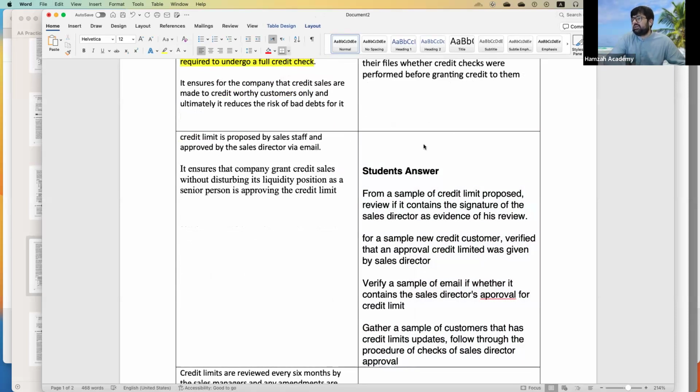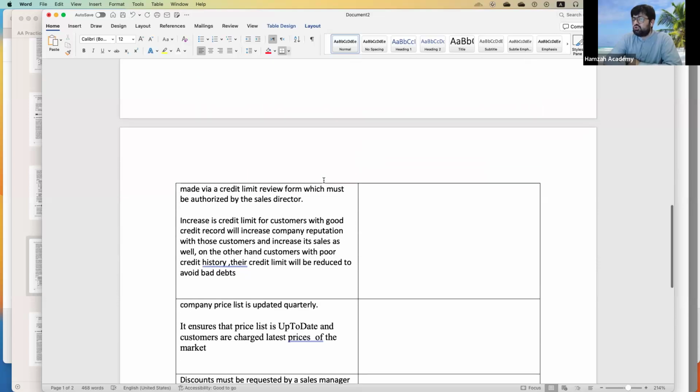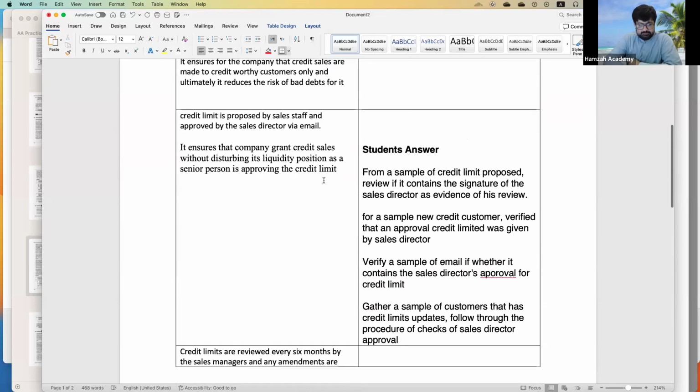So, students, the point which I want to show you is, what is the control? Control is that credit limit is approved by sales director via email. Okay. So where is the signature? Is there any signature mentioned here?